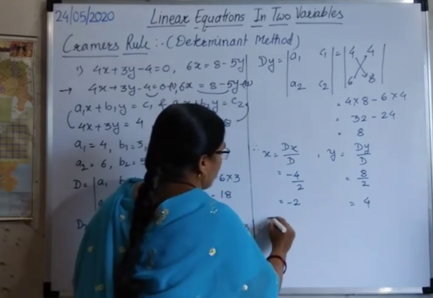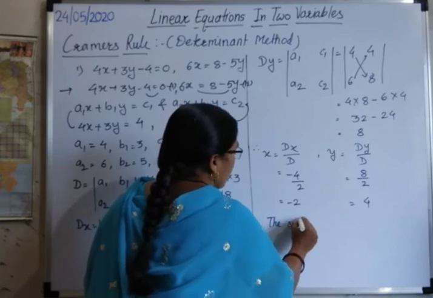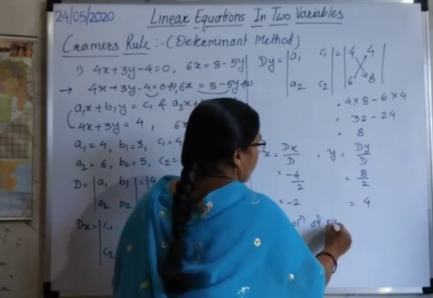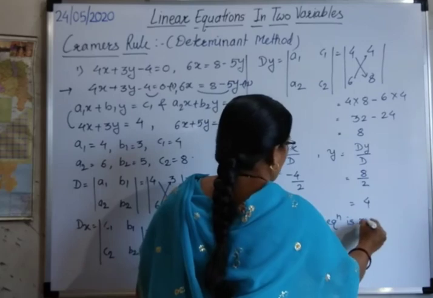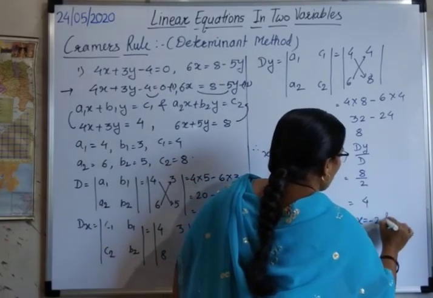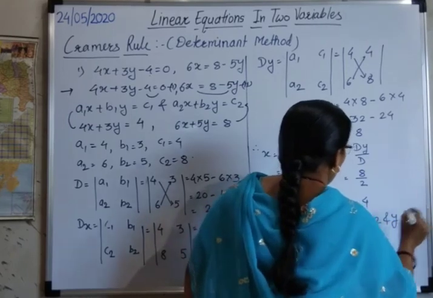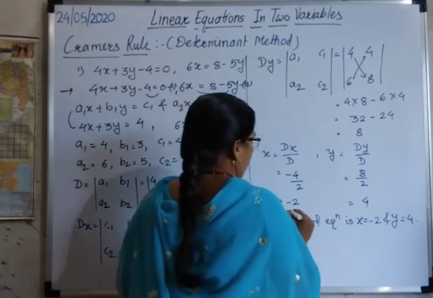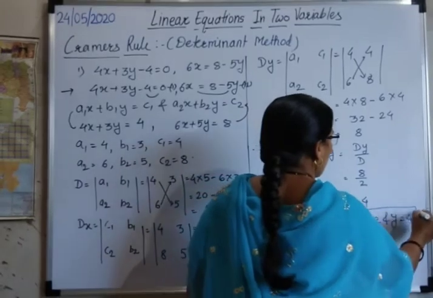Therefore, the solution of the equation is x is equal to -2 and y is equal to 4. Now this method is easy to find the solution of the equation.